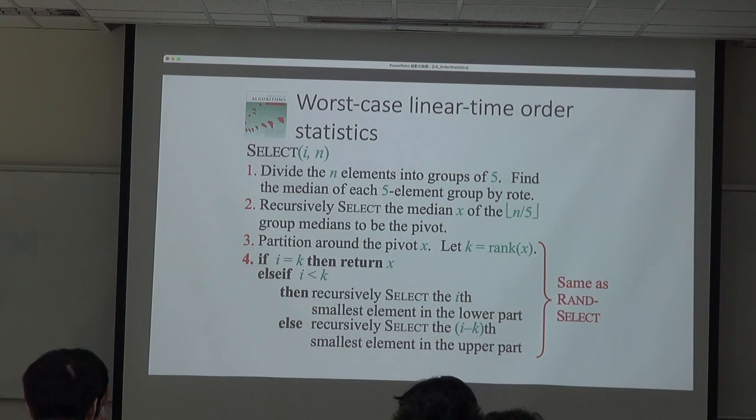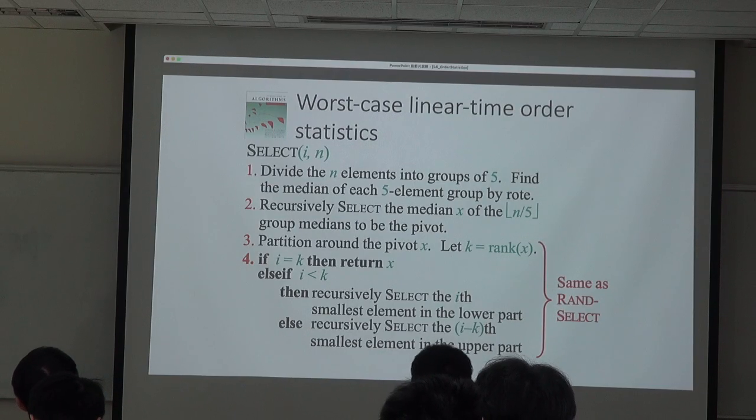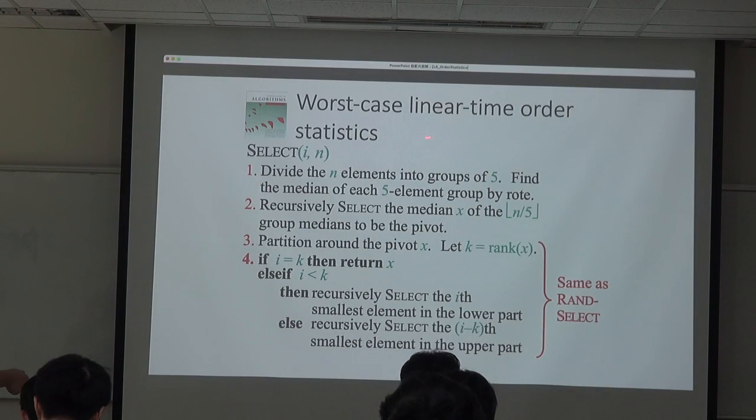So here's the idea. Basically, you divide n elements into groups of 5. This is very, very tricky. It has to be groups of 5, not groups of 7, not groups of 3. But anyway, as we will discuss later. So you have a bunch of groups of 5 numbers.